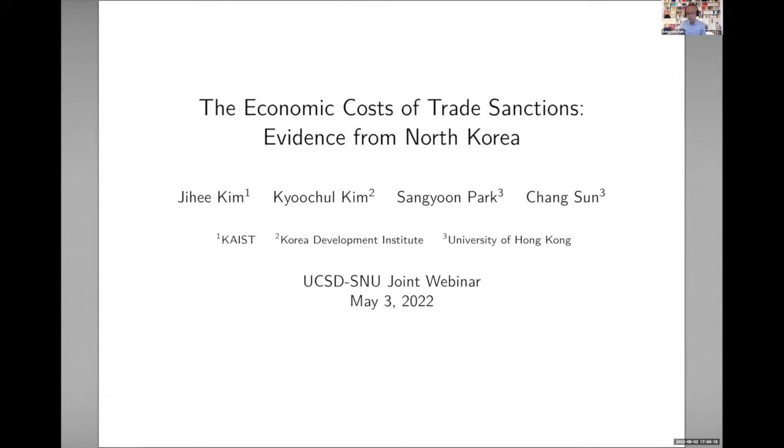So we've been collecting vast amounts of information, including daytime satellite images and nightlight, and then we were fortunate to come across this firm data set. We were trying to see if we can use this firm level data set to understand how North Korea has been doing since the implementation of the UN trade sanctions.